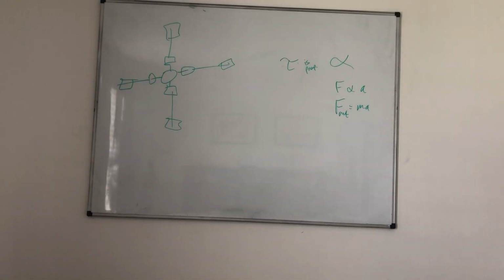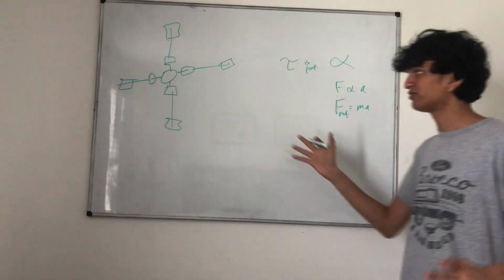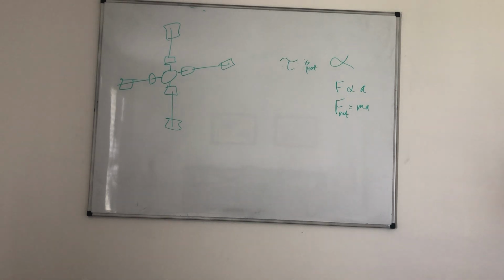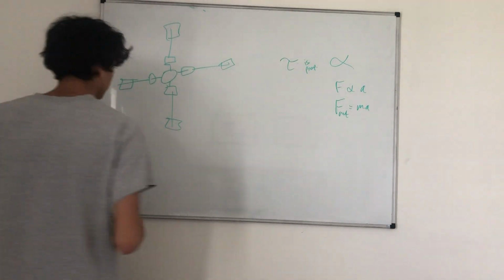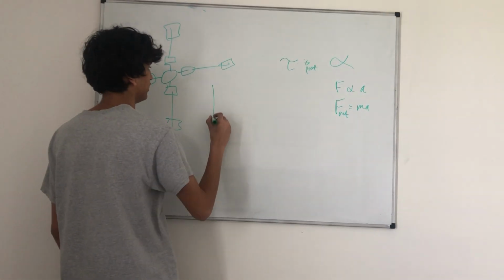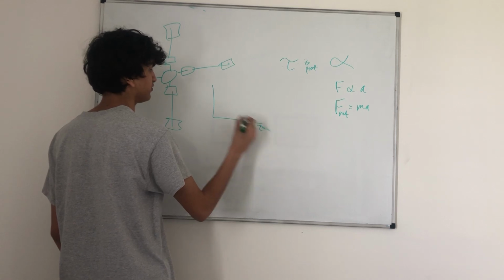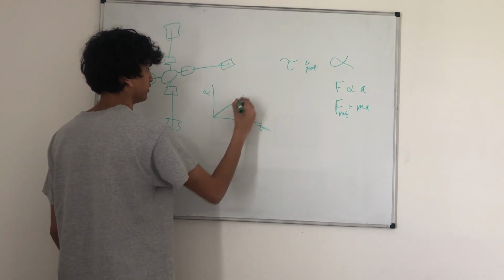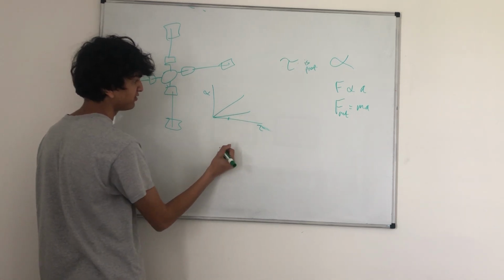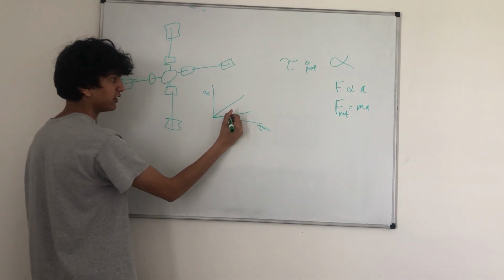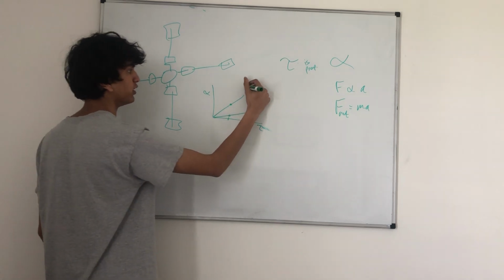If your mass was farther out, even if the mass was the same, you're going to get less angular acceleration for the same amount of torque. So if we had a graph like torque versus alpha, you could see that if you applied a certain amount of torque right here, this group gets very little alpha compared to group 1.